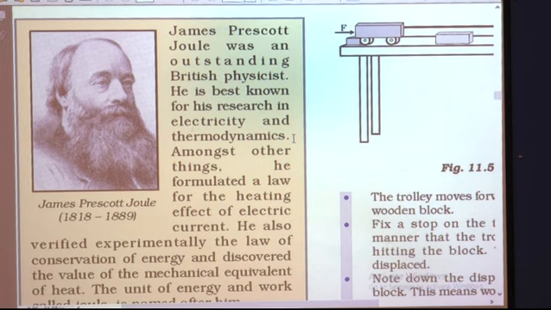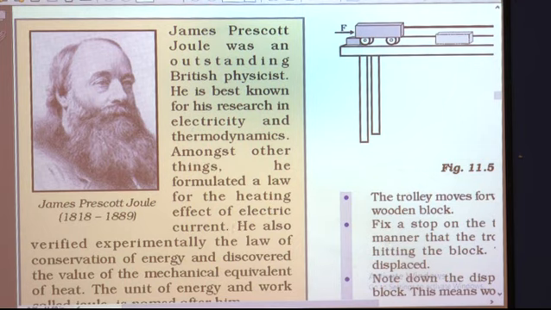Amongst other things, he formulated the law for the heating effect of electric current. Students, there are three effects of electric current: the chemical effect, about which you have learnt last year; then the heating effect, about which you are going to learn in detail next year; and the third one is the magnetic effect, about which also you are going to learn next year.